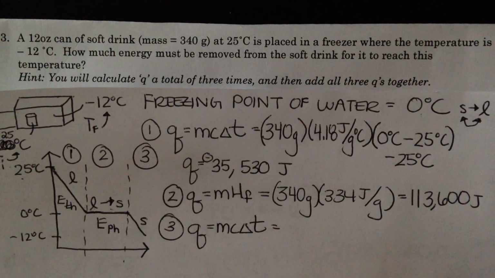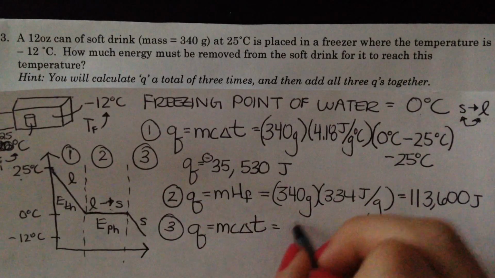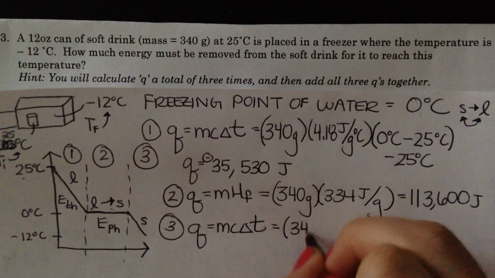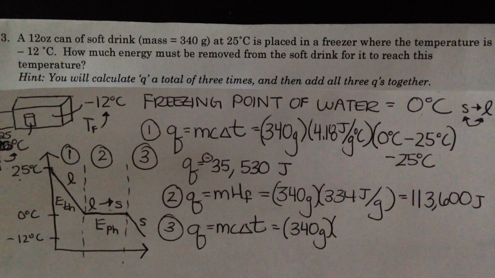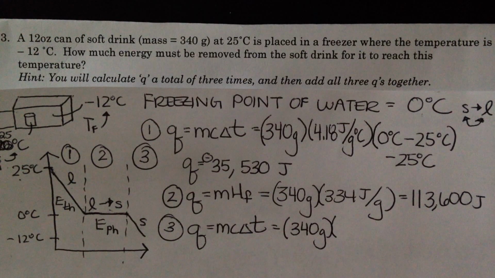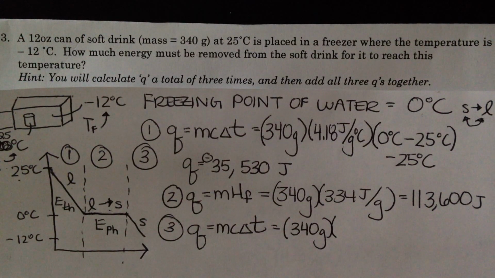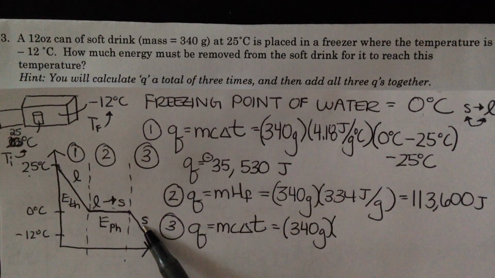So let's plug in our variables. Mass is 340 grams. We didn't lose any pop. Now, our C. Our little c is specific heat of whatever we're cooling or heating up. In this case, we're cooling down solid ice.